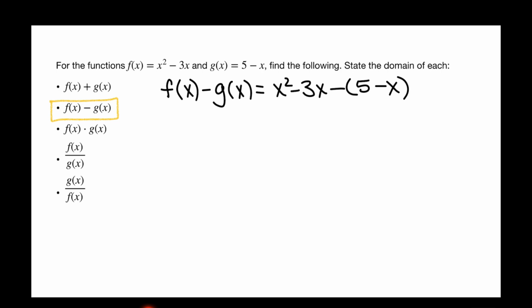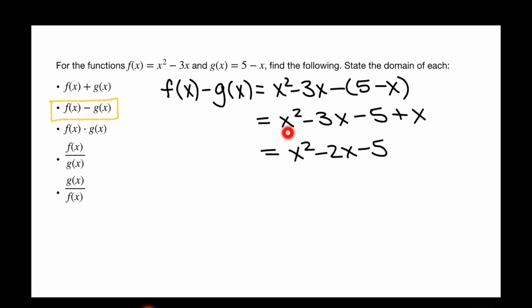f minus g, we're going to take x squared minus 3x and subtract 5 minus x. The only thing we have to watch out for is when we're subtracting, make sure that negative applies to both terms in that second function.